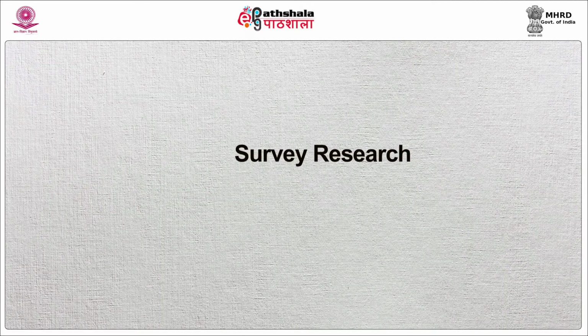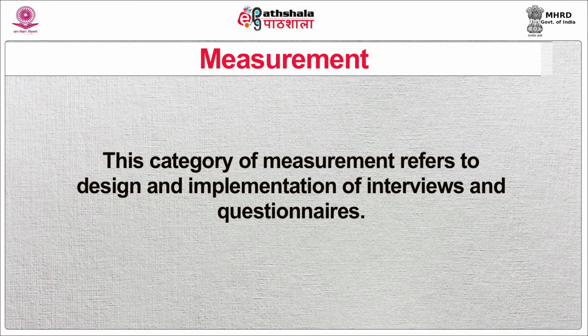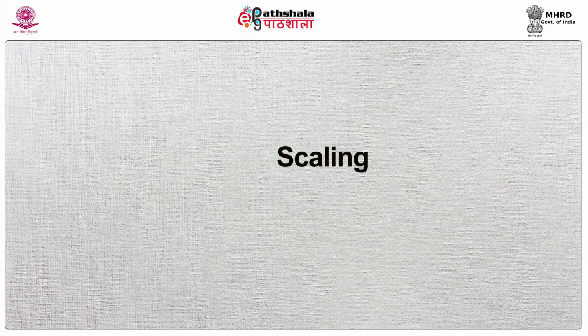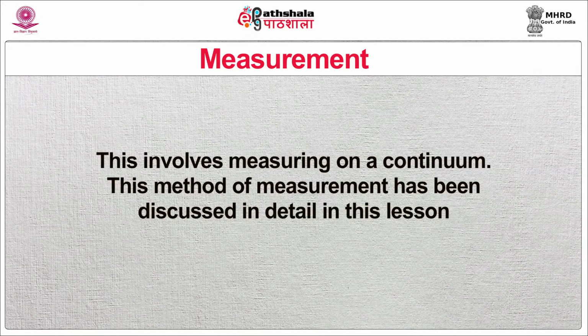First, the survey research. This category of measurement refers to design and implementation of interviews and questionnaires. This refers to instrumentation for measurement. Second, the scaling. This involves measuring on a continuum.